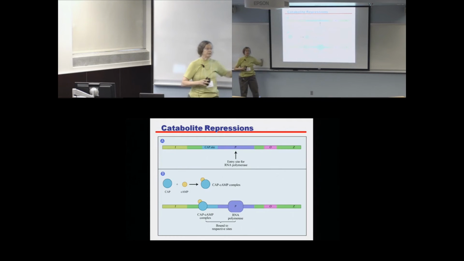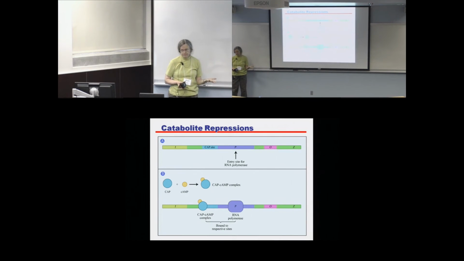So now polymerase can bind, and if there's no lac repressor present, which there won't be because there's lactose, then the polymerase can read through and make our message, and then the cell can translate it and get these important proteins. Okay? So we have to worry about whether glucose is present or not.